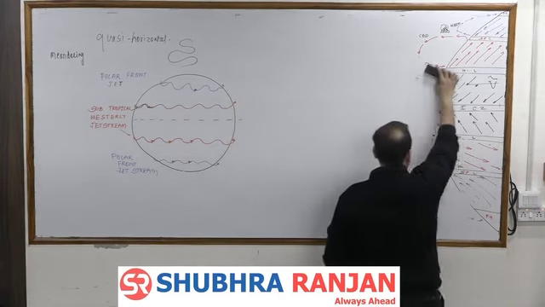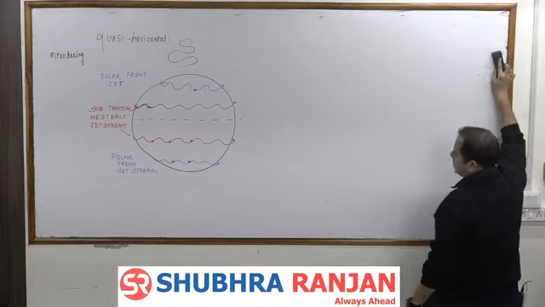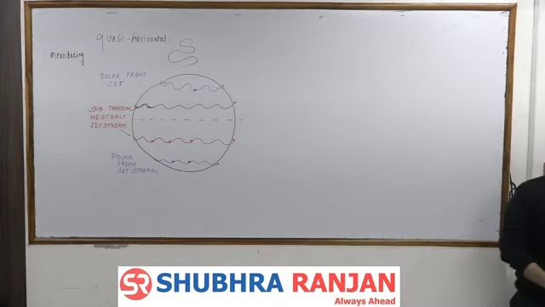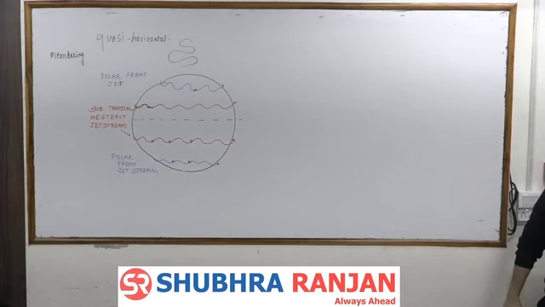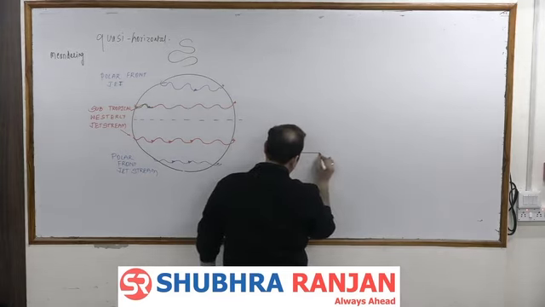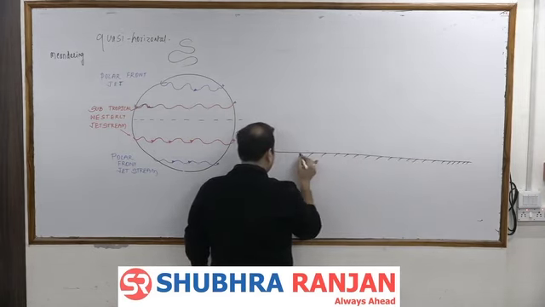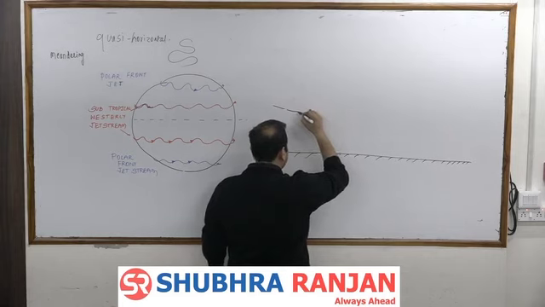Hence jet streams originate over the subtropical high pressure belt and subpolar low pressure belts.